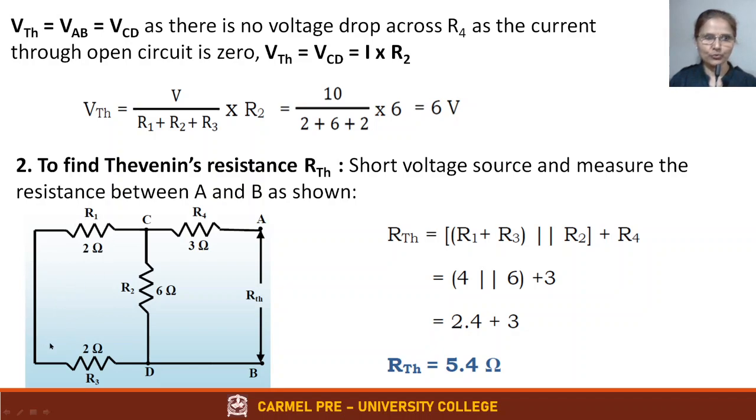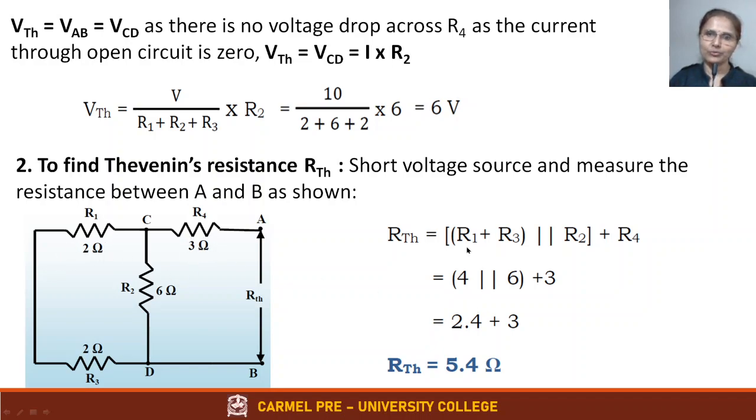So instead of 2 ohms and 2 ohms, you can replace them by one resistance of value 4 ohms. That 4 ohms is in parallel with 6. So 4 into 6 by 4 plus 6 is that parallel resistance value, which is 4 into 6 is 24, divided by 4 plus 6 is 10. It's going to be 2.4 ohms, this parallel combination. That is in series with 3.